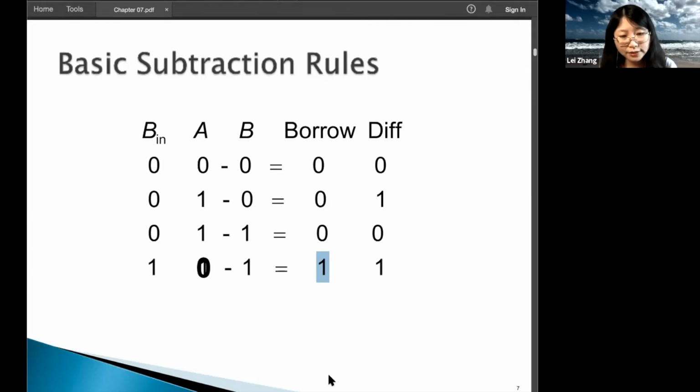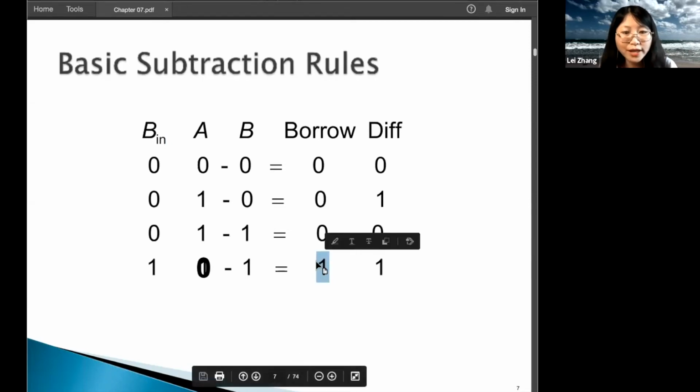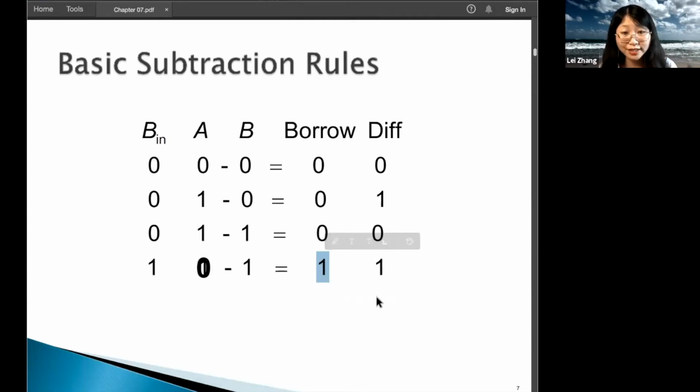This probably just shows us that this bit is the bit borrowed. It's not the result of the 2-bit value. So it depends on how we interpret it. This can be right, but again, this should be 0, which I have corrected.